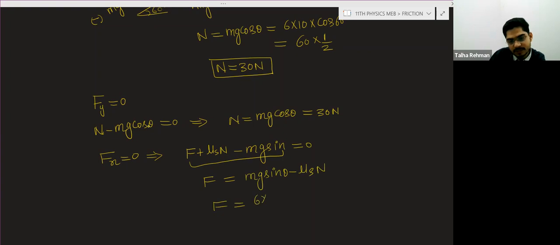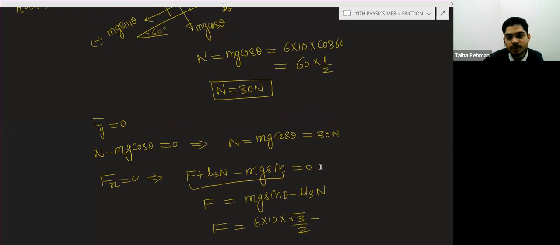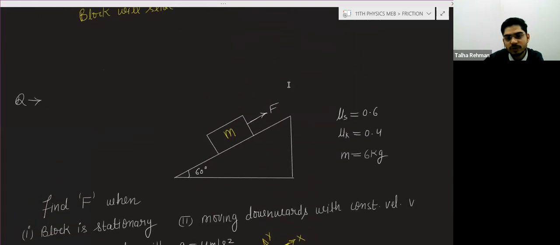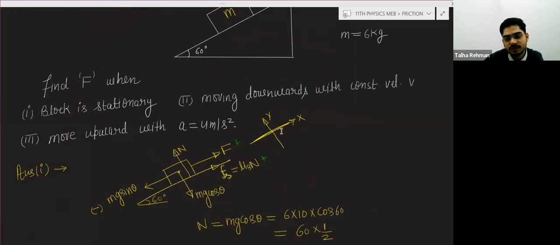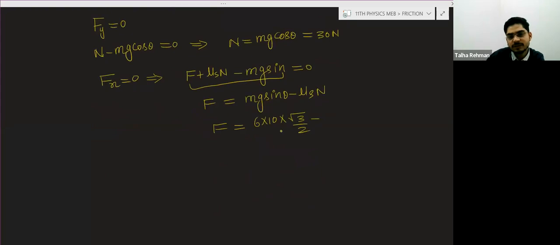M is 6, g is 10, sin theta is root 3 by 2, and mu s is 0.6, into normal, which is 30.